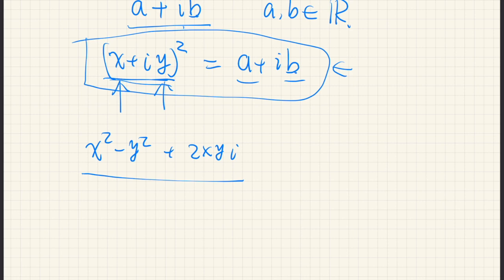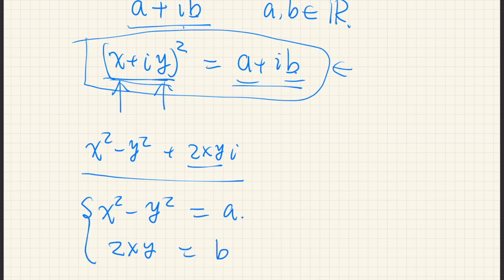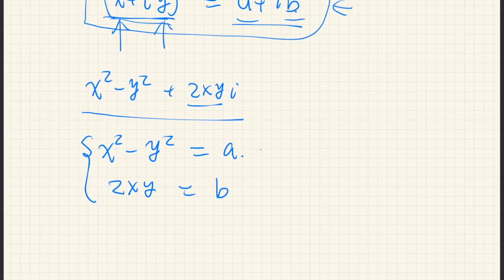So this is equal to this. The real part is x squared minus y squared, which is equal to a, and the imaginary part 2xy is equal to b. So we have these two simultaneous nonlinear equations for x and y.